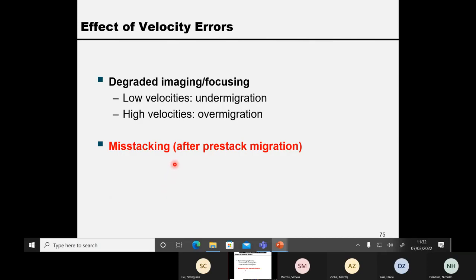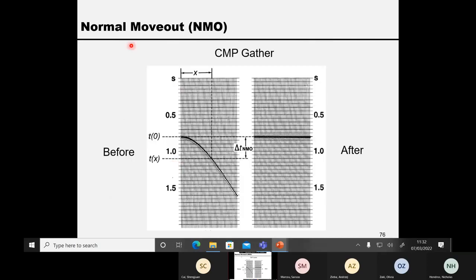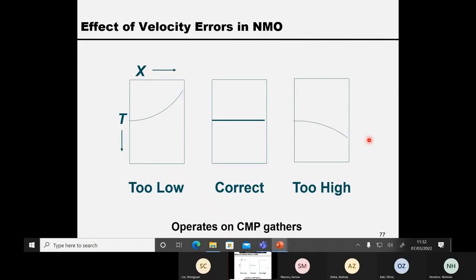Let me show you an example. Let's see NMO first. Before NMO it is hyperbolic; after NMO, ideally it should be flat. If the velocity is too low, it will be overcorrected. If it is too high, it is undercorrected. Right, this is for the NMO.